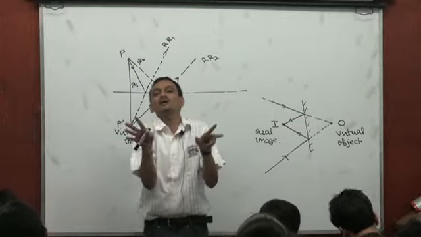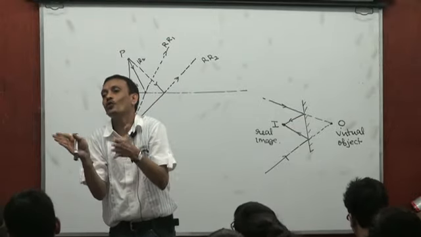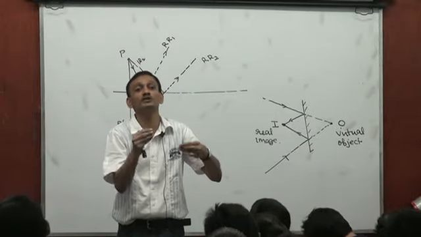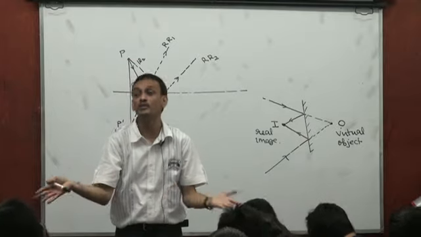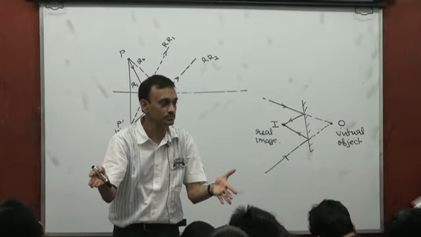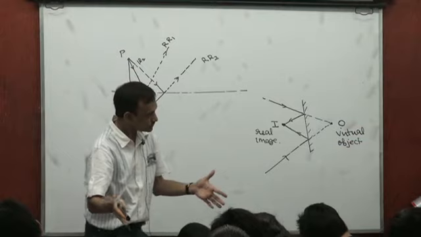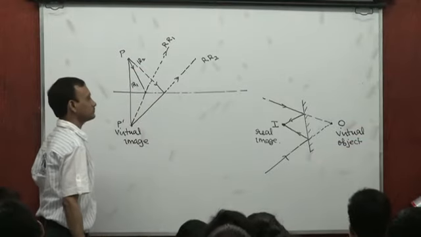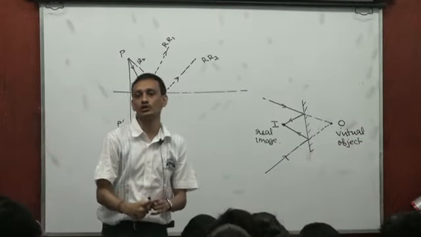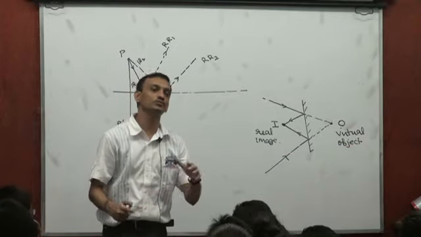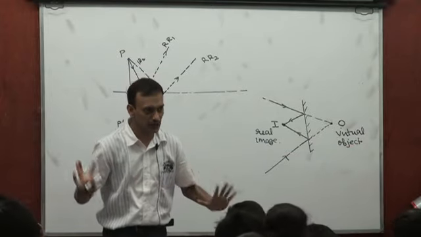So object and image in geometrical optics, owing to the principle of reversibility of light, enjoy a conjugate, interchangeable relationship, right? Got me? So you understand the notion of the object and image, both real and virtual. Clear?